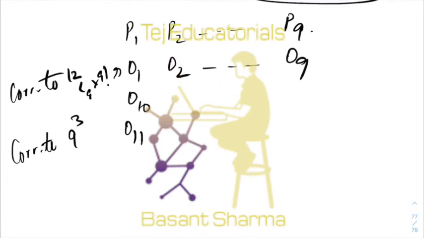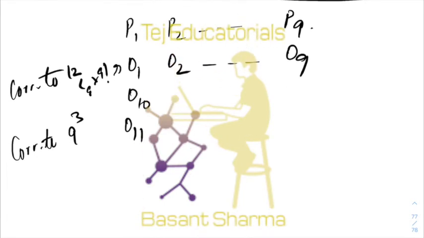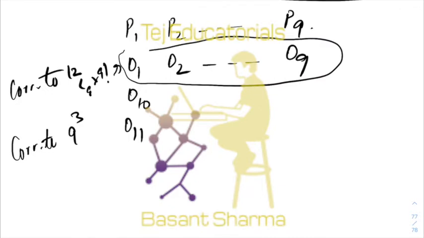So suppose when you chose 9 objects out of 12 objects and arranged them in 9 factorial ways, one of the arrangements was this. Now for the remaining 3 objects, suppose O10 and O11 go to P1 and O12 goes somewhere else, anywhere, doesn't matter.